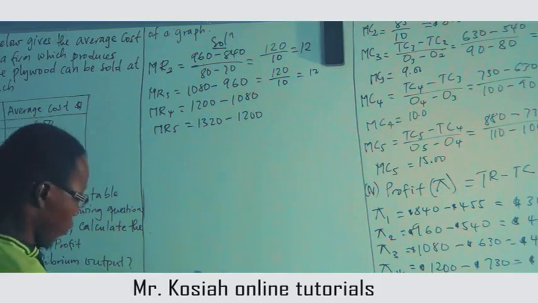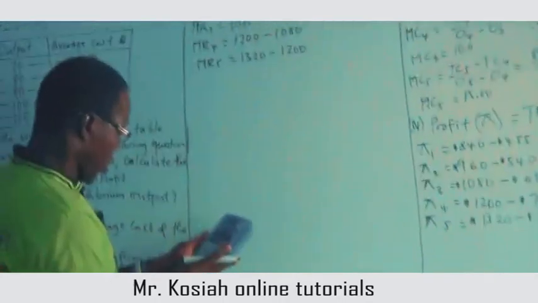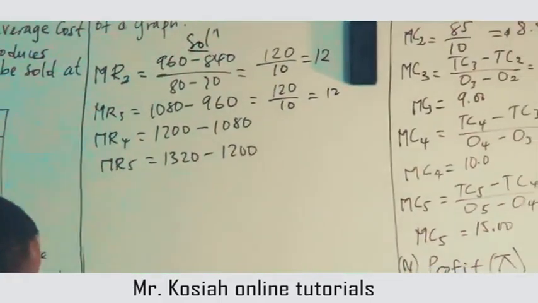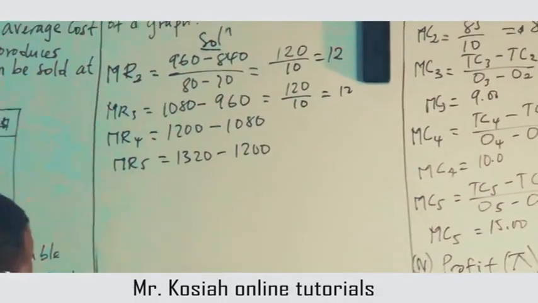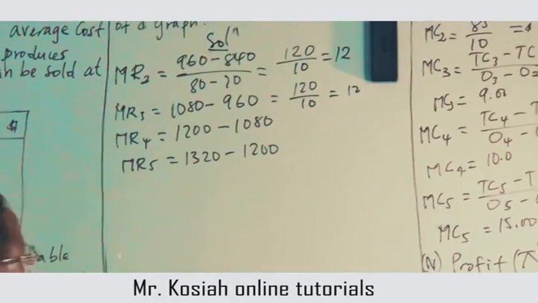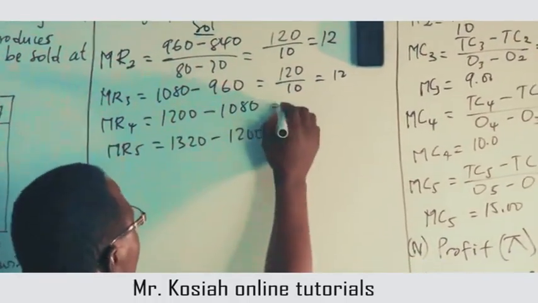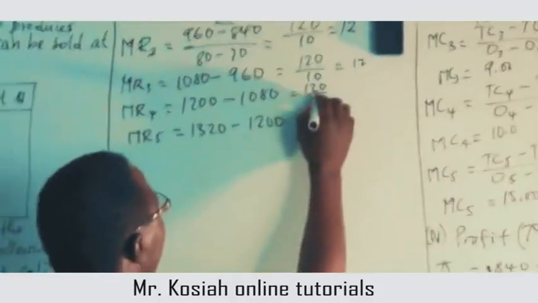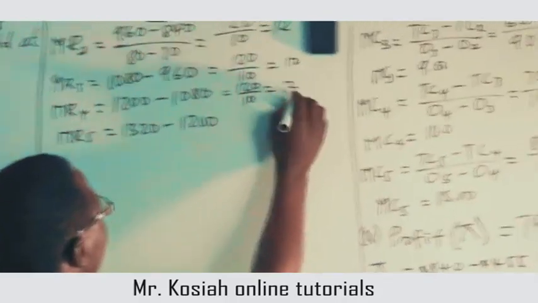960 minus 840, of course, is that. And 1080 minus 960, of course. We have 1200 minus 1080, of course. So we find out that everything here is 12.